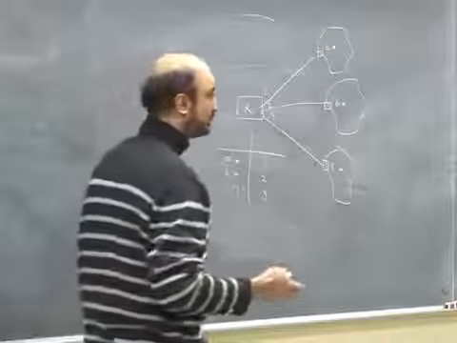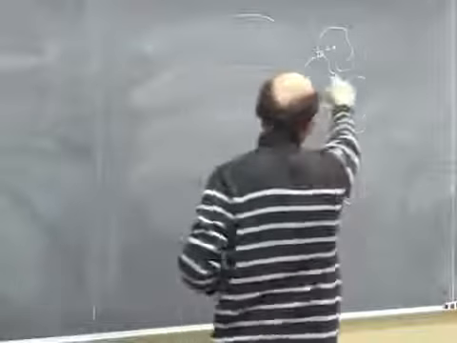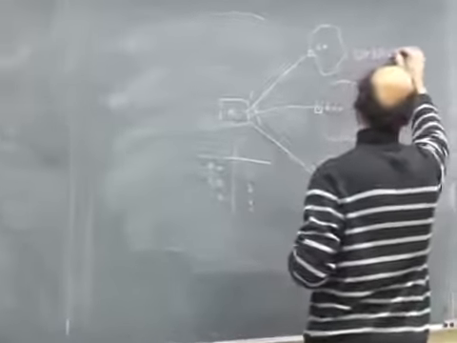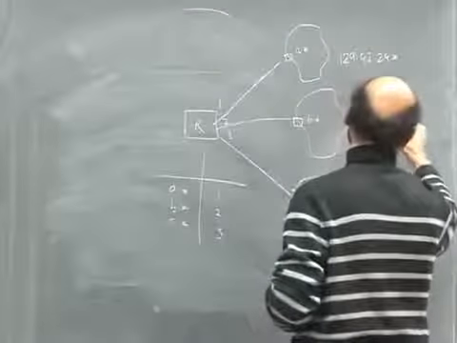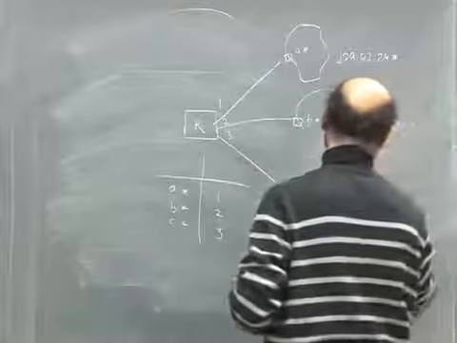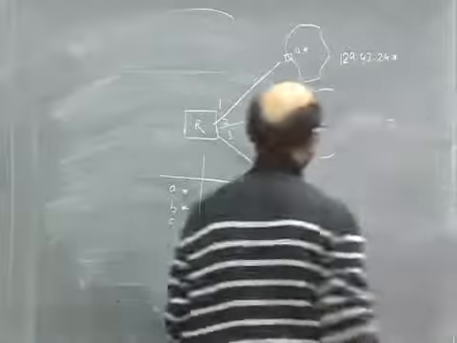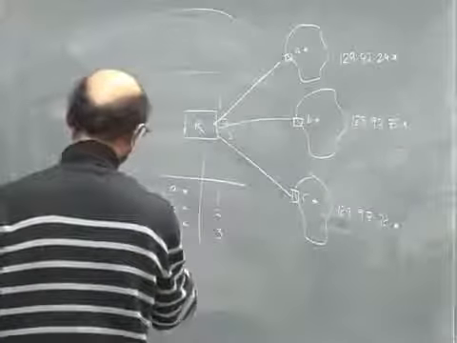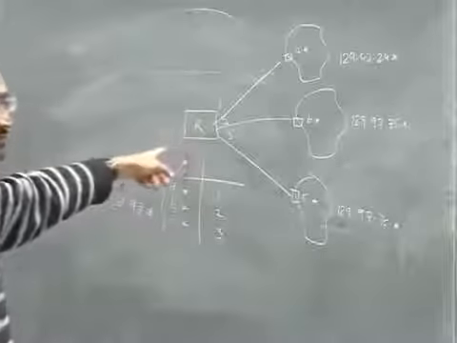To explain this, let's say this was 129.97.24 star. This was 129.97.75 star. This is 129.97.36 star. Let's say these are numbers. Then what I could do is that these 3 guys have 129.97 star in common, using that example over there.